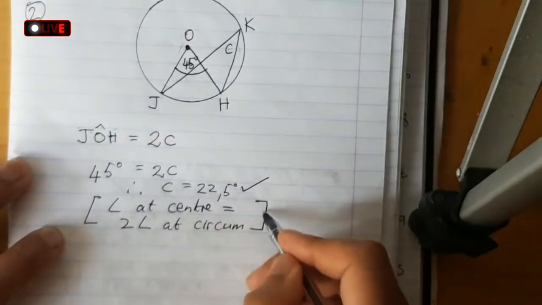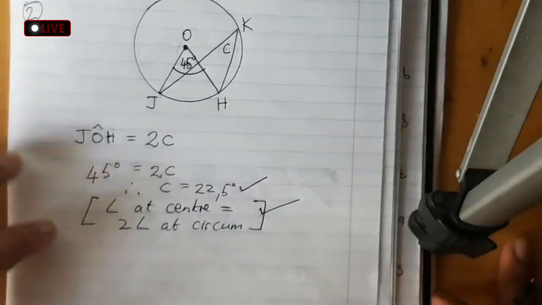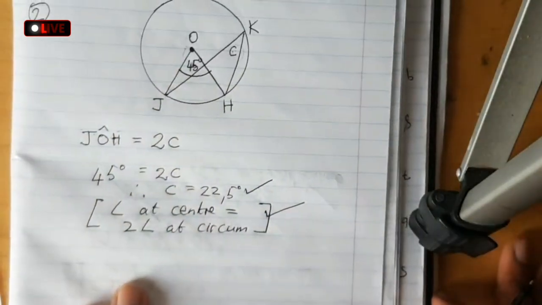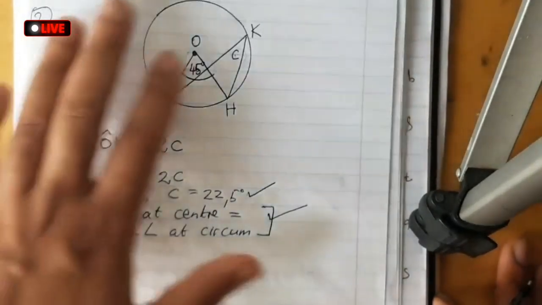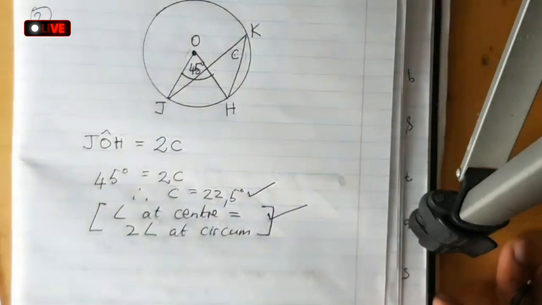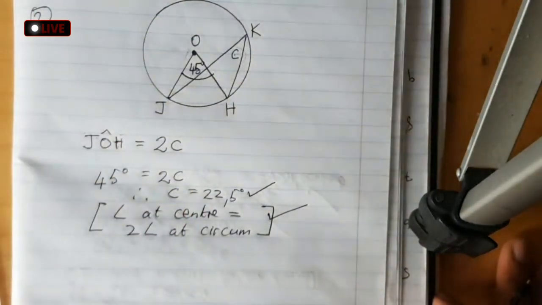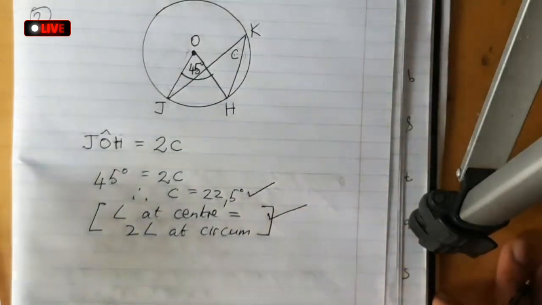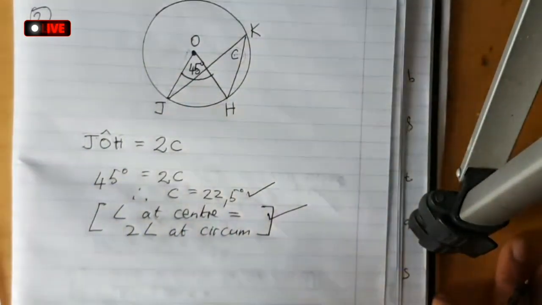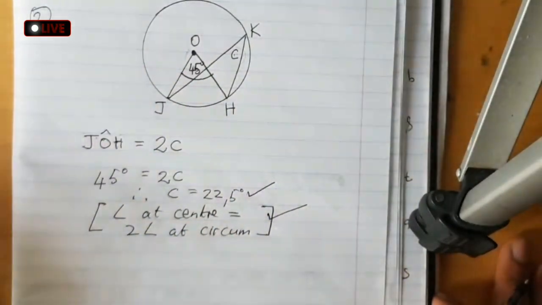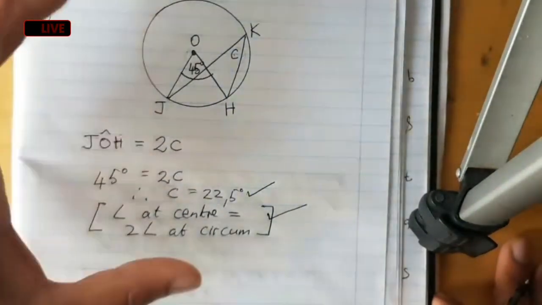There's my reason, and you will get another mark. These are just the easy ones we're dealing with, but the more theorems we have in one problem, the more complex it will get. My advice, as I've said in my playlist, is to focus on one theorem at a time.